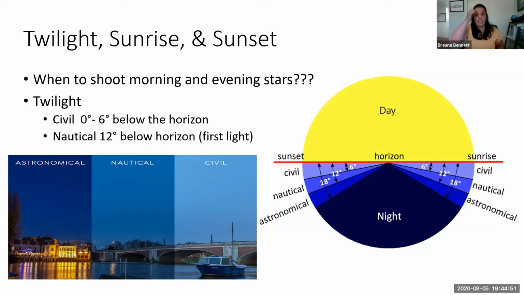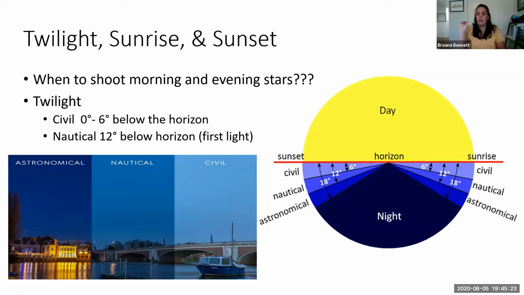It's where the sun is in relationship to the horizon. Sunset is when the sun passes the horizon. Civil is going to be when it's between the horizon and 6 degrees below the horizon. Nautical twilight is going to be 12 degrees. So it goes 6, 12, 18. So your civil twilight will be the brightest. So that's when you're first going to start seeing stars.